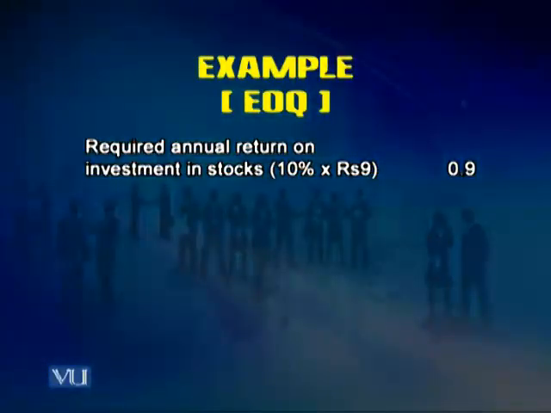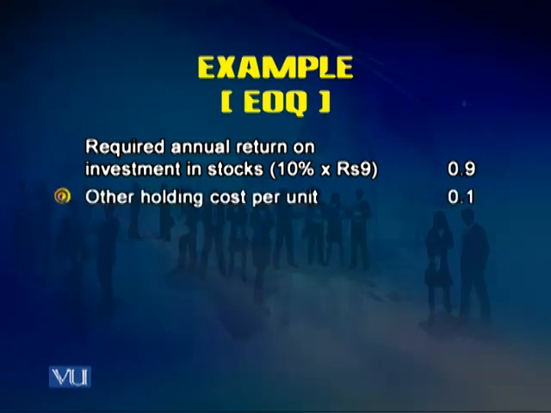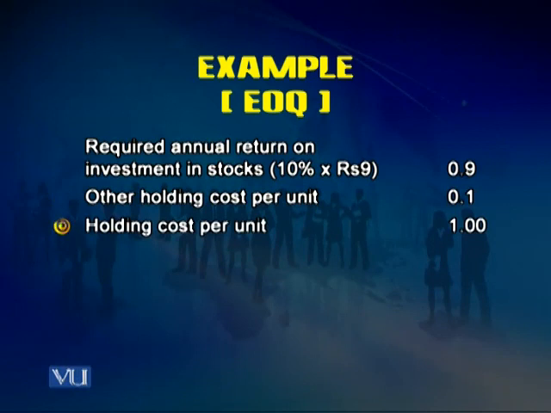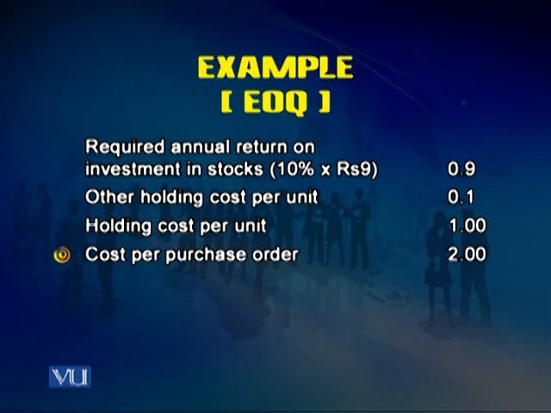A required annual return on investment in stocks, 10% of ₹9 is 0.9. Other holding cost per unit is 0.1. Holding cost per unit is ₹1 per unit. Cost per purchase order is ₹2 per order.